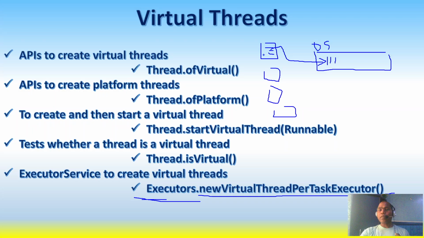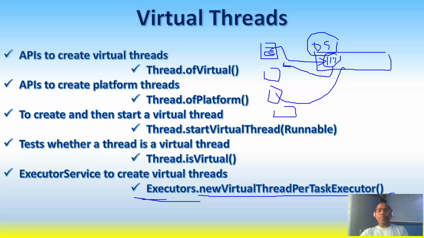Now your operating system thread is free, and you can associate another virtual thread. That means one operating system thread can run any number of virtual threads, depending upon the style of work the virtual thread is going to do.